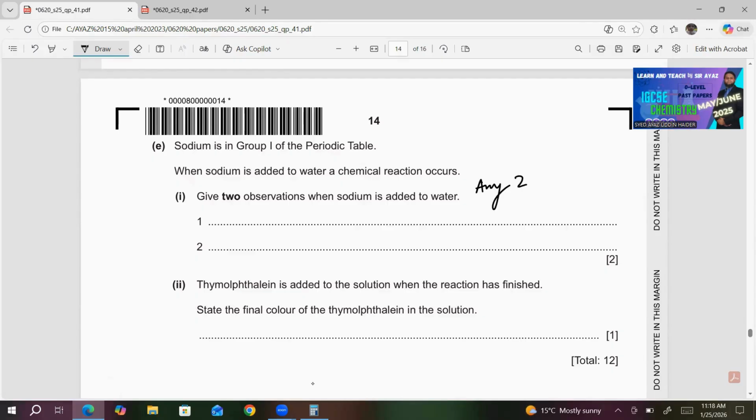Sodium is in group 1. We know that these metals float when added to water, and we'll see bubbles, and we will also see the color due to the ions of this sodium. So you can write solid floats or disappears.